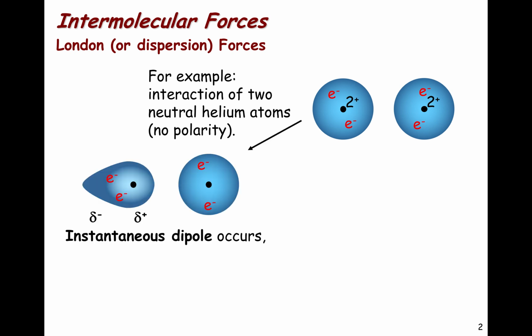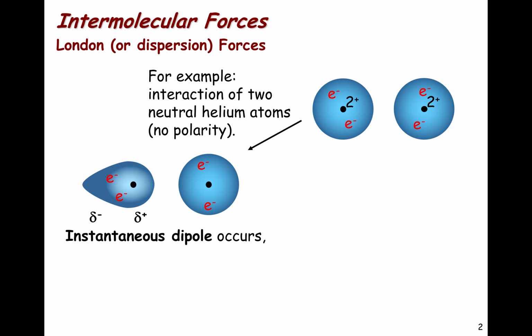However, if at any moment in time one of these helium atoms has the two electrons in relatively close proximity to one another, so that they end up on the same side of the atom, we would then have a temporary dipole. That temporary dipole would result from the negative electrons being on the left side of the atom at this point in time, and the nucleus being on the right side.